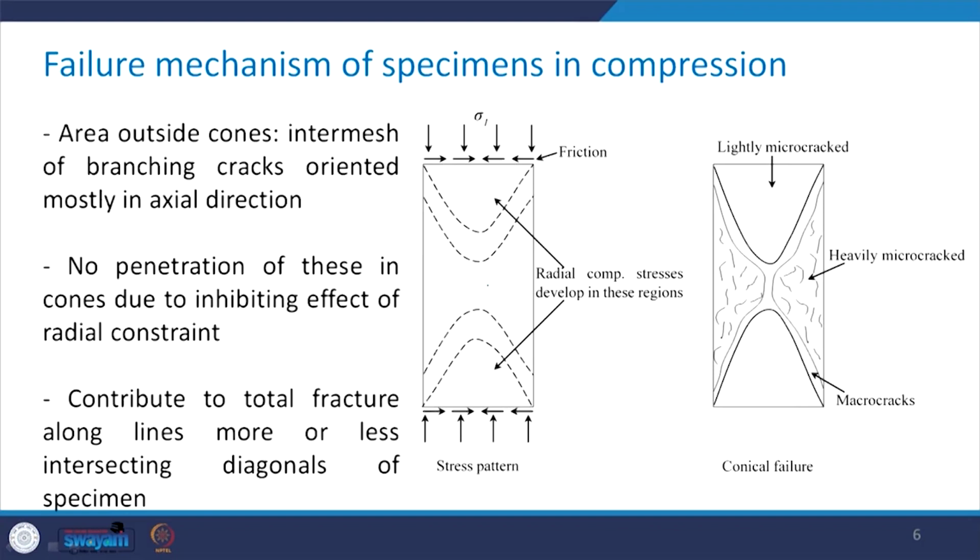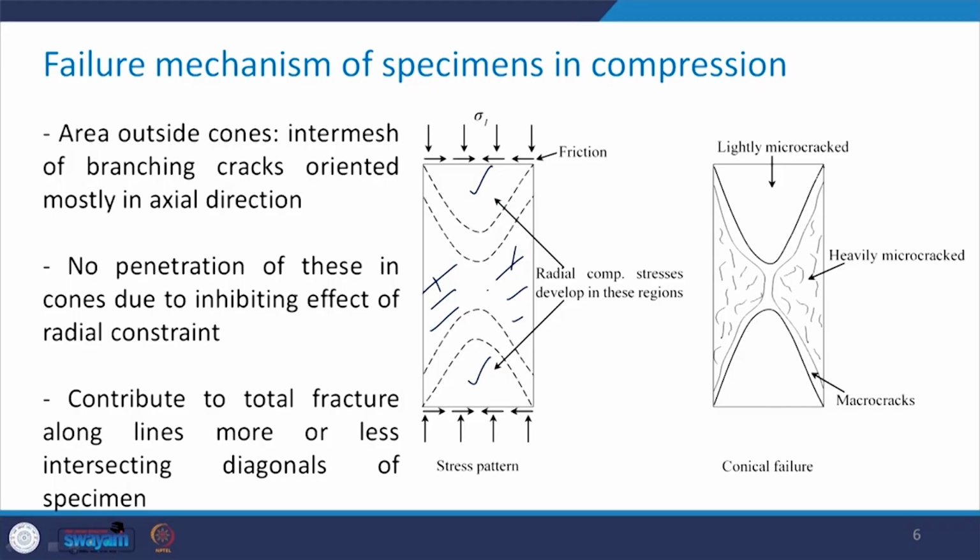Slowly, in the area outside the cone, that is this total area, intermeshing of the branching cracks will be there, and all these will be oriented mostly in the axial direction, that is the direction of the applied stress. Because of this inhibiting effect of the radial constraints, these cracks will not enter into these two conical zones, and they will contribute to the total fracture along lines more or less intersecting the diagonals of the specimen.